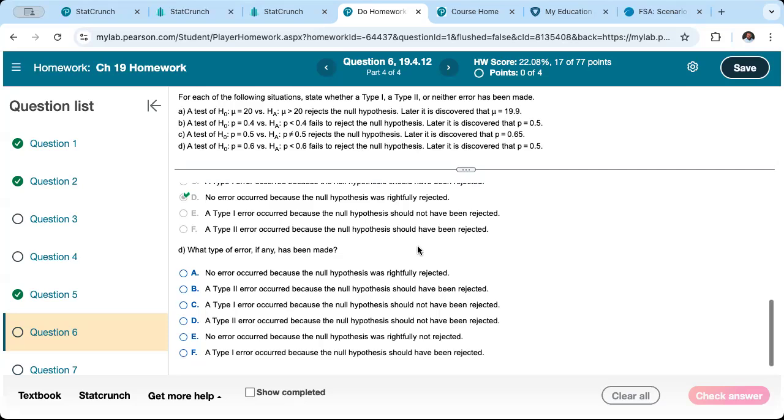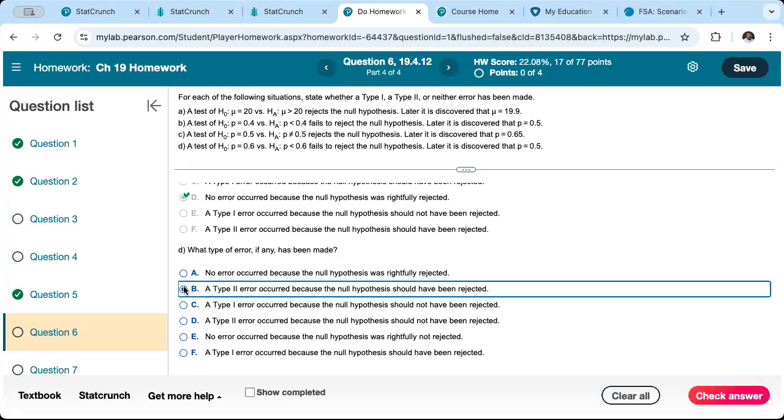So it means that the answer is between B and D. So what is the right answer? B or D? B. Because of the type 2 error, the null hypothesis should have been rejected.